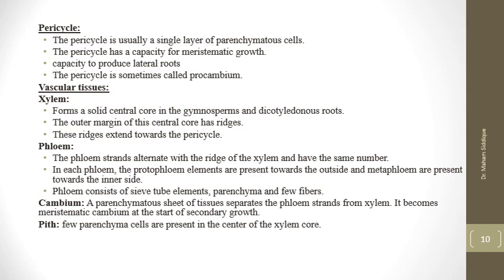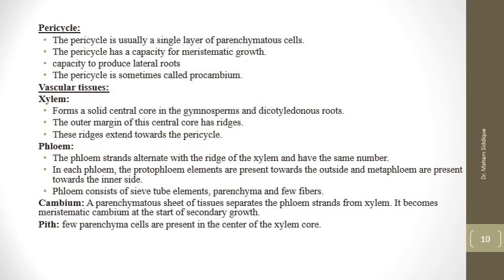Next is phloem. Phloem strands alternate with ridges of the xylem and have the same number. In each phloem, the protophloem elements are present towards the outside and metaphloem are present towards the inner side. Phloem consists of sieve tube elements, parenchyma cells, and few fibers.